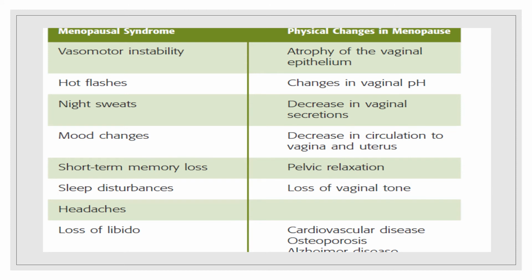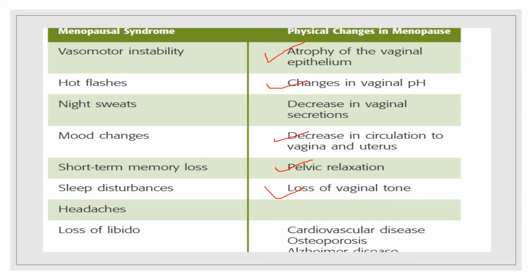First, the symptoms due to changes of the reproductive system: for example, a change in vaginal pH, atrophy of the vaginal epithelium, decrease in the circulation of the vagina and uterus, pelvic relaxation, and loss of vaginal tone. These are the symptoms related to the female reproductive tract.